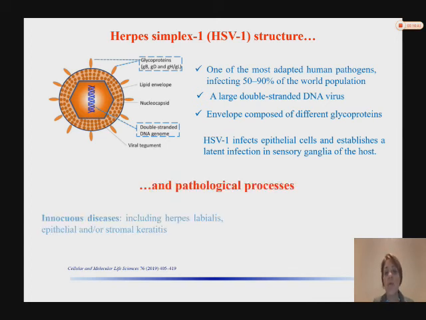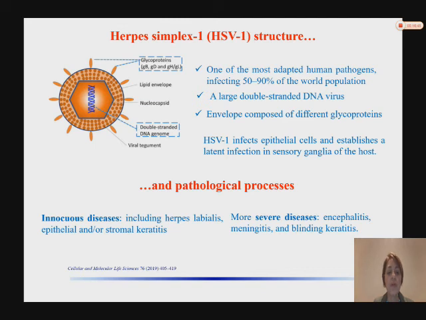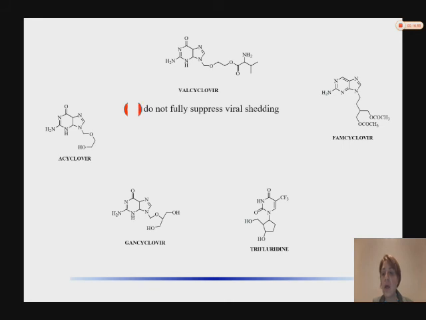It can cause both innocuous diseases such as herpes labialis or more severe diseases such as encephalitis or blinding keratitis. Current treatment includes administration of nucleoside analogues such as acyclovir.